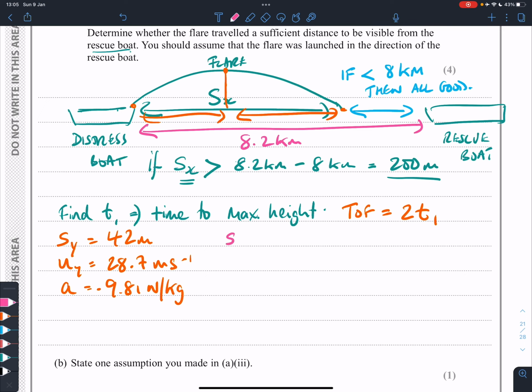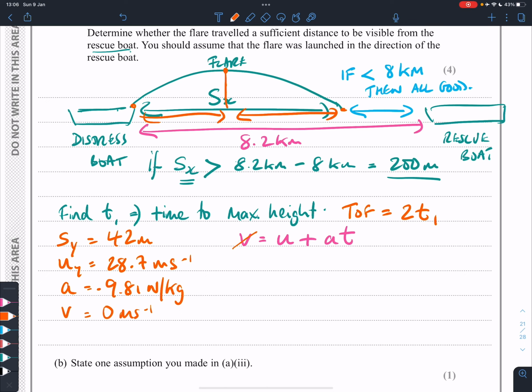That's probably going to be enough, because we can use SUVAT. Let's use this one. We want time, don't we? Yeah. So let's use v equals u plus at. And we've got v, obviously, equal to 0 meters per second at the top.